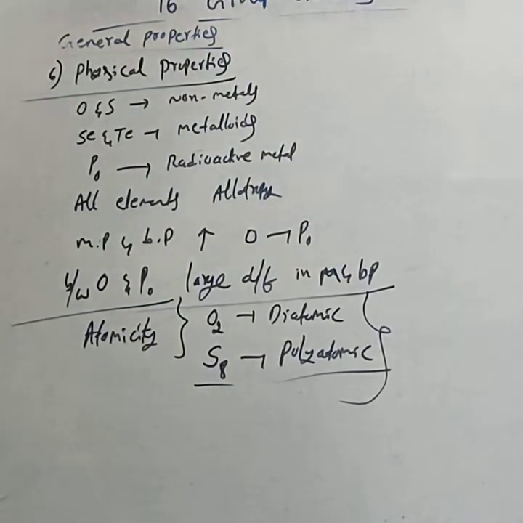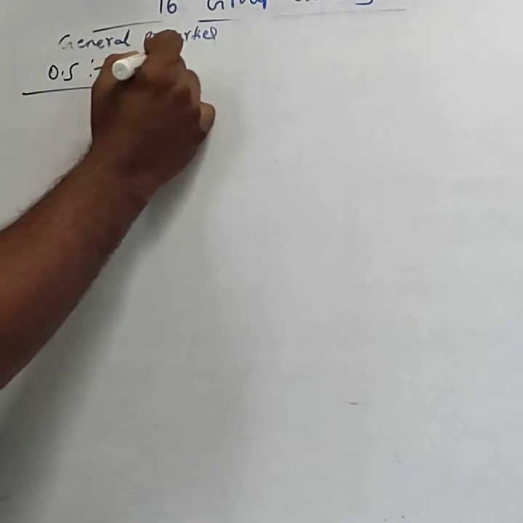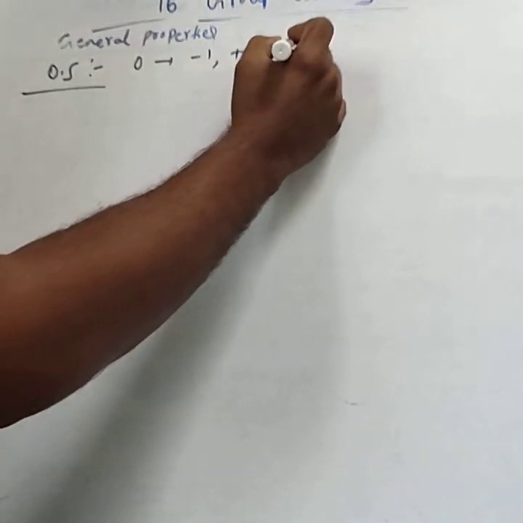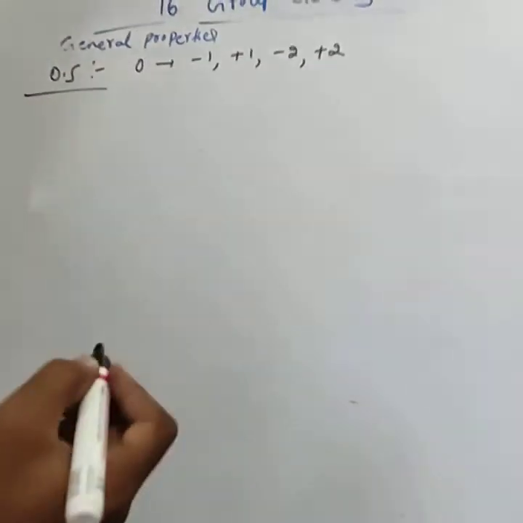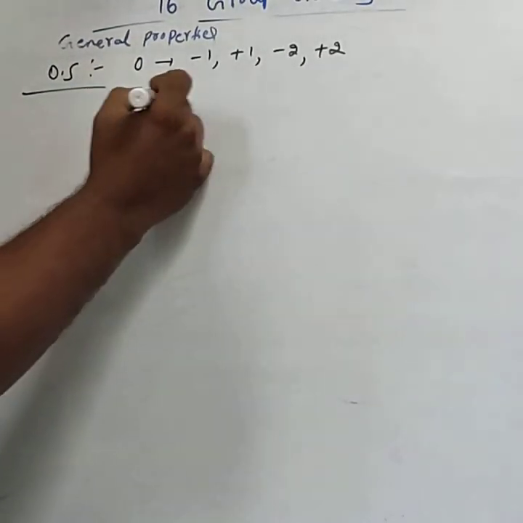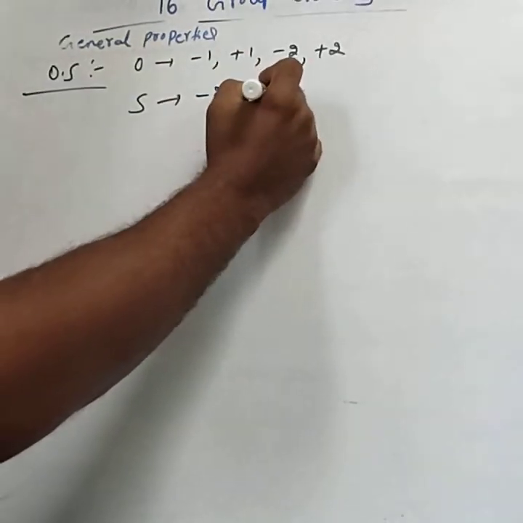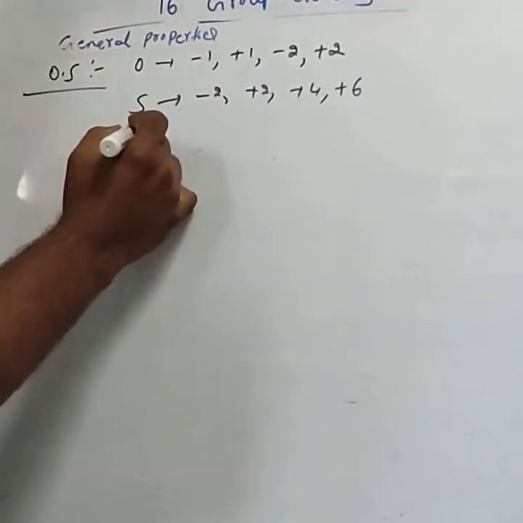Next, you consider the oxidation state. These 16th group elements exhibit a number of oxidation states. For example, oxygen shows -1, +1, -2 and +2. Sulfur exhibits -2, +2, +4, +6.